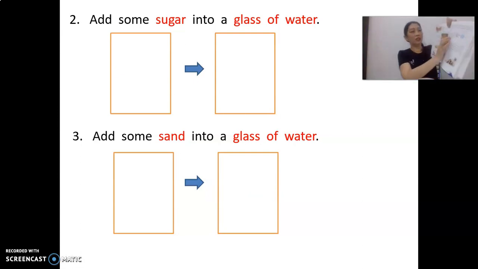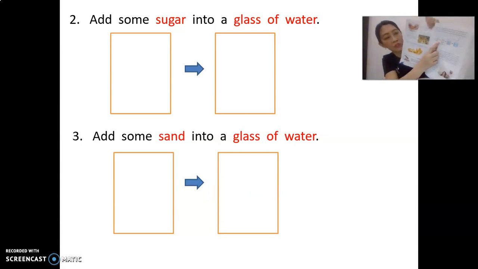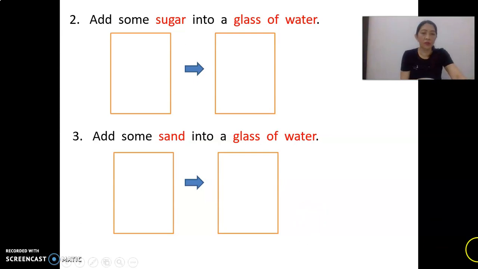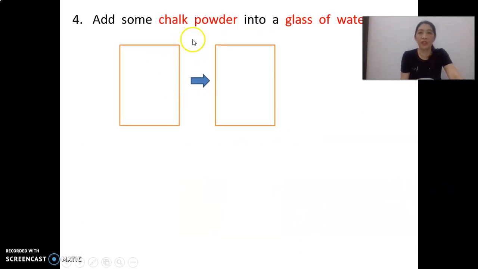This is what happens when you add the sand and mix in the water. The sand is here. Number 4 is add some chalk powder into a glass of water. So you need to draw chalk powder in the glass of water. Then what will happen when you mix?